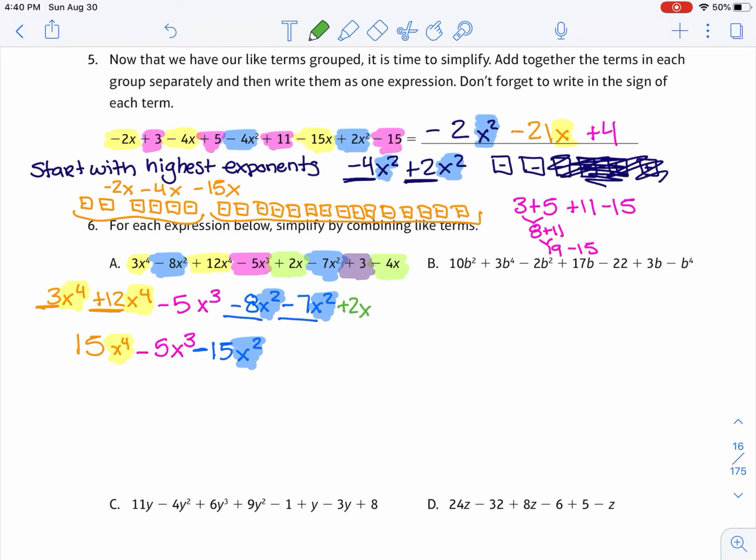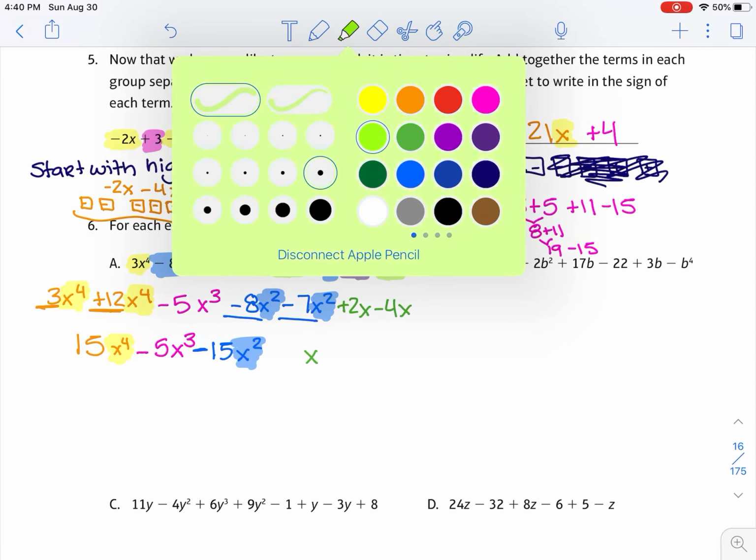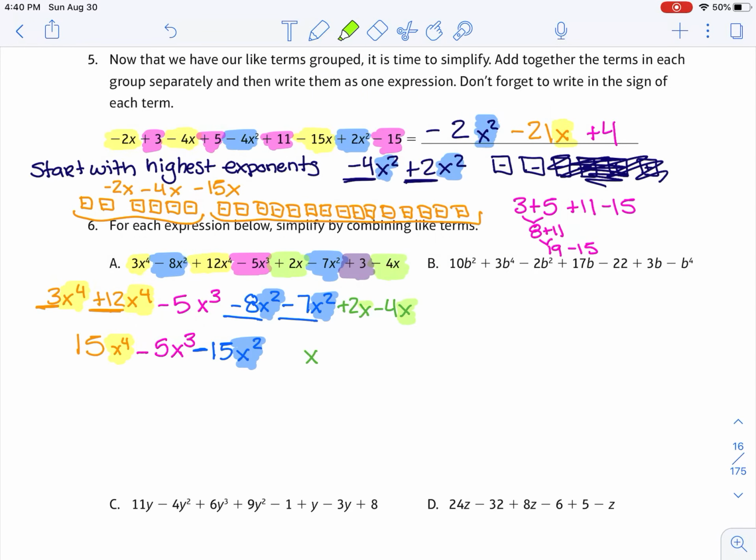Then I have plus 2x minus 4x because I'm looking for the x's because that's my next highest number. My x's stay just x's because I'm combining them together. If I was combining zebras and zebras, I would just get some more zebras. I wouldn't get something like a zebra. I have a positive and a negative number. The negative number is bigger.